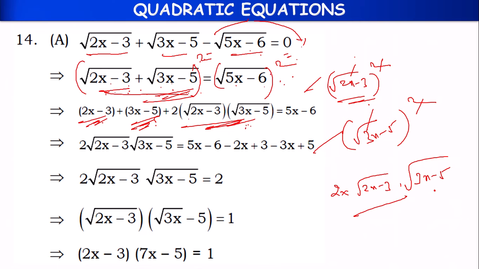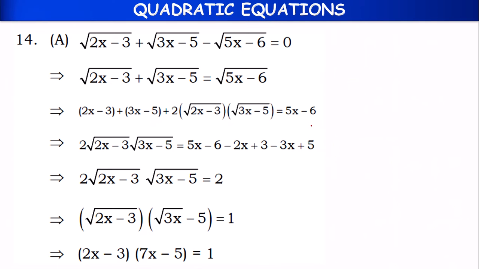On the RHS part, square root and square get cancelled, so 5x minus 6 will remain. Now this first term will come to the RHS, and the second term also will come to the RHS. Only the third term will remain on the LHS side.